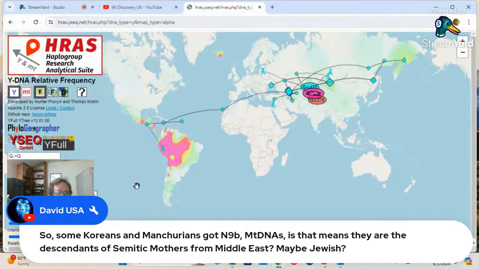And it's the same pattern with the mitochondrial DNA of A, C, and D. So it was an Atlantic crossing of the Medes, not a crossing through Beringia or the Bering Strait through Alaska.